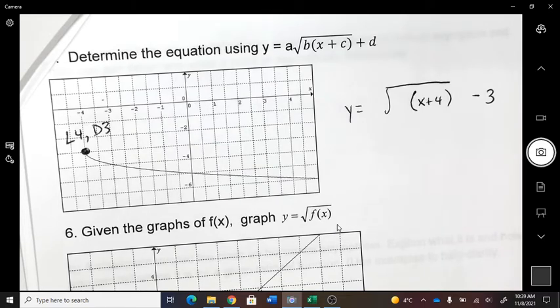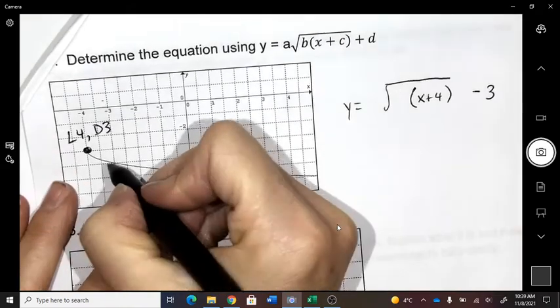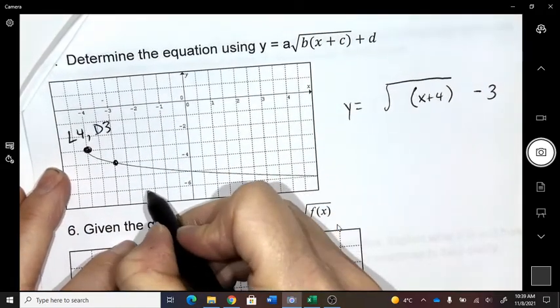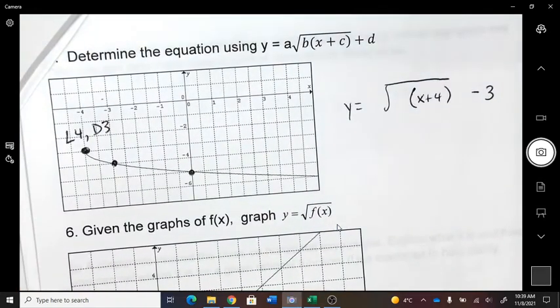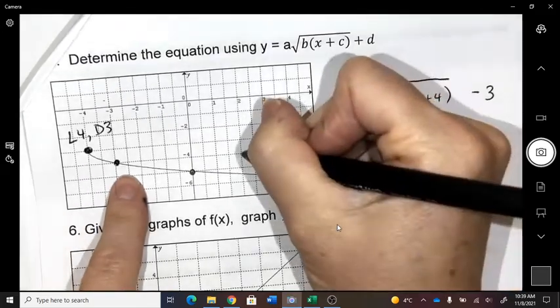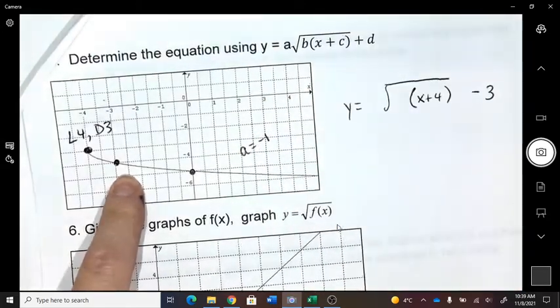Okay, let's talk about the pattern that happened. So I can see a point here and here. Can you actually already tell that there's a negative involved in this? Where's that negative? On the A or the B? It should be a negative on the A, right?